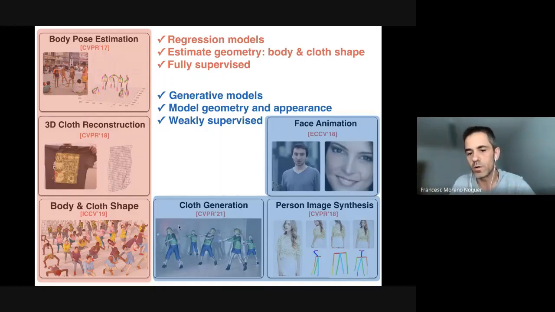In the first work, we try to generate new clothes, and in these other 2 works, we generate new images of the person or the face. And importantly, 2 of these works are weakly supervised. Xavi already introduced the concept of the level of supervision, and here I'll explain 2 cases of using weakly supervised data.